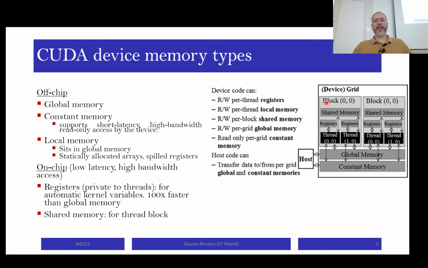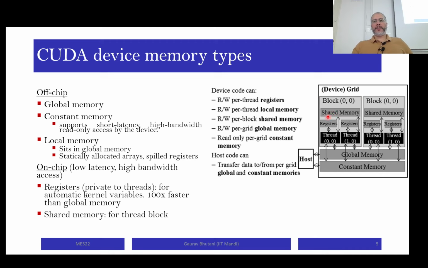So let us have a look at the architecture of the memory. What we see is that these blocks are your streaming multiprocessors, or let us say a block sitting on an SM.